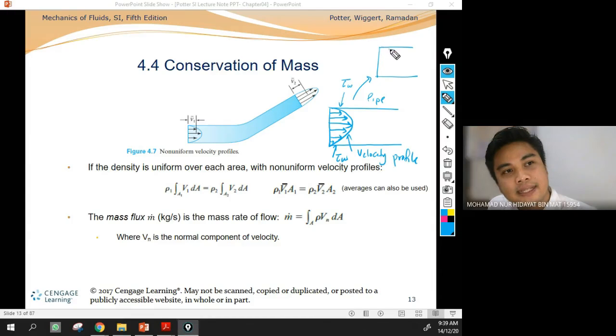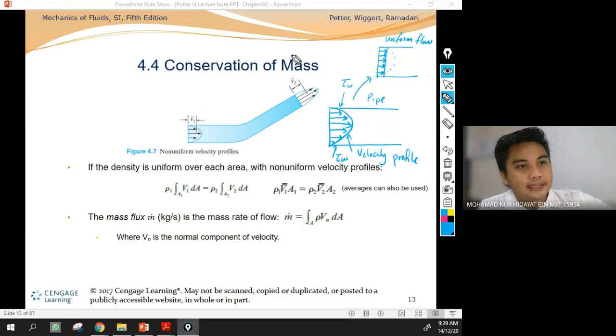Basically, previously like this, yeah. We assume it is uniform like this. So you can see all the velocity is uniform. This is uniform flow. Alright. So here you can see, we call this the V average.